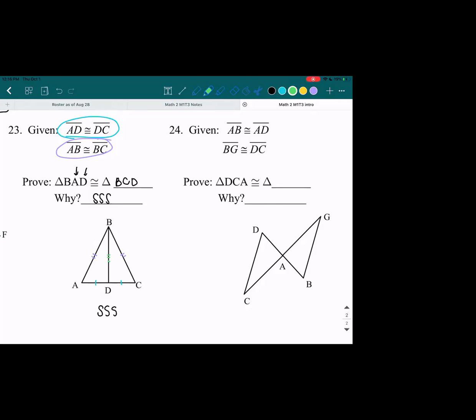Do you agree that, what color should I use? A and C, can you see that A and C correspond with each other? Yeah, they're congruent. Yeah, so that's why the A and the C are in the middle. And then if you just look at the shape of this triangle, A and C do correspond with each other. Oh, okay.